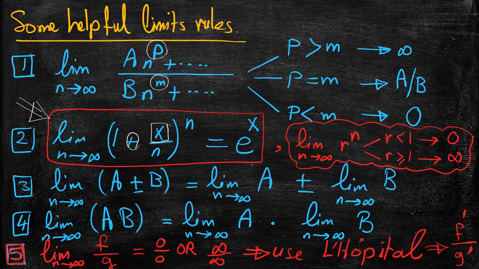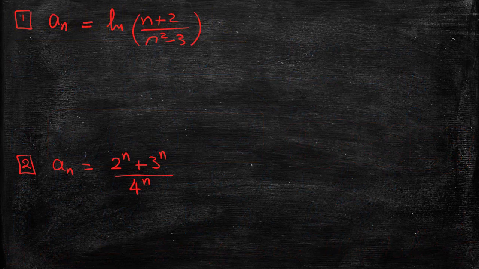So let's return back to our question. First question was a_n, which is the nth term or general term of the sequence, a_n equals (n plus 2) over (n squared minus 3). So the only test we have right now, I will take the limit when n approaching infinity of ln of (n plus 2) divided by (n squared minus 3).